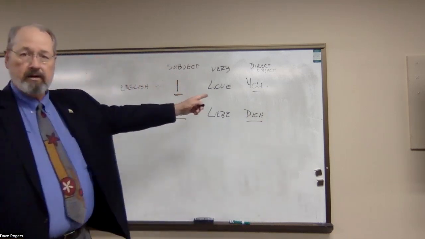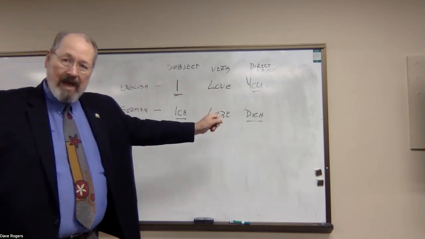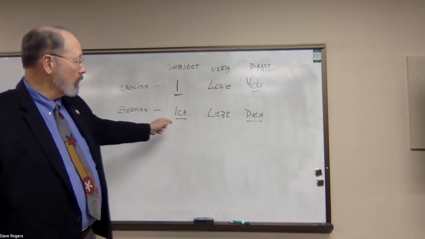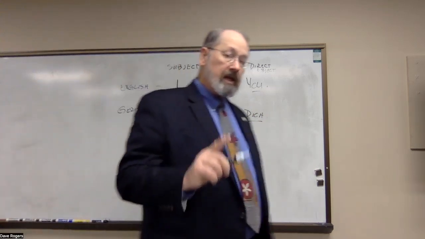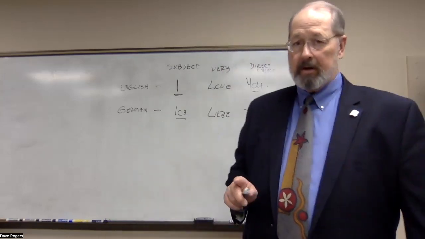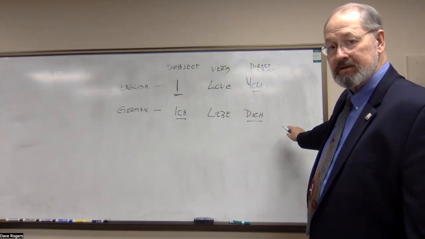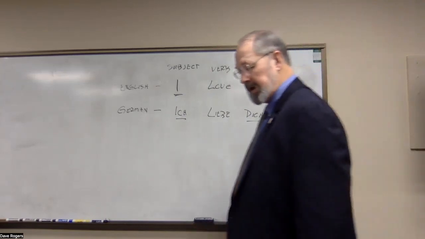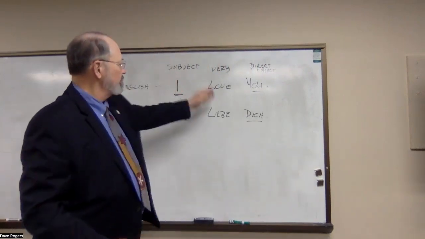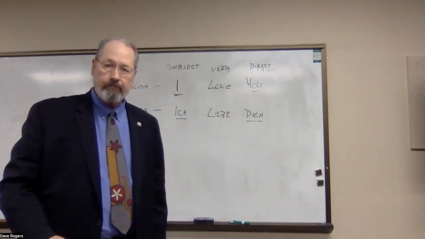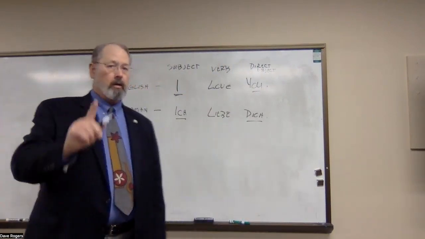And guess what? Because German and English are linguistically and grammatically related, the word order is basically the same. Although in German, the German speaker usually puts his verb at the end of the sentence. But he would say, ich liebe dich, I love you. Subject, verb, direct object. Oh, that makes it simple. We can translate. Same word order.